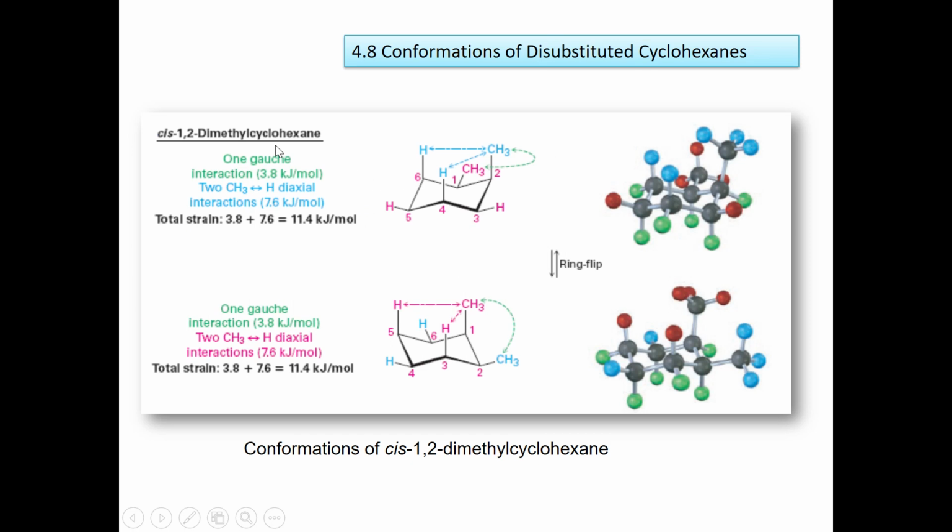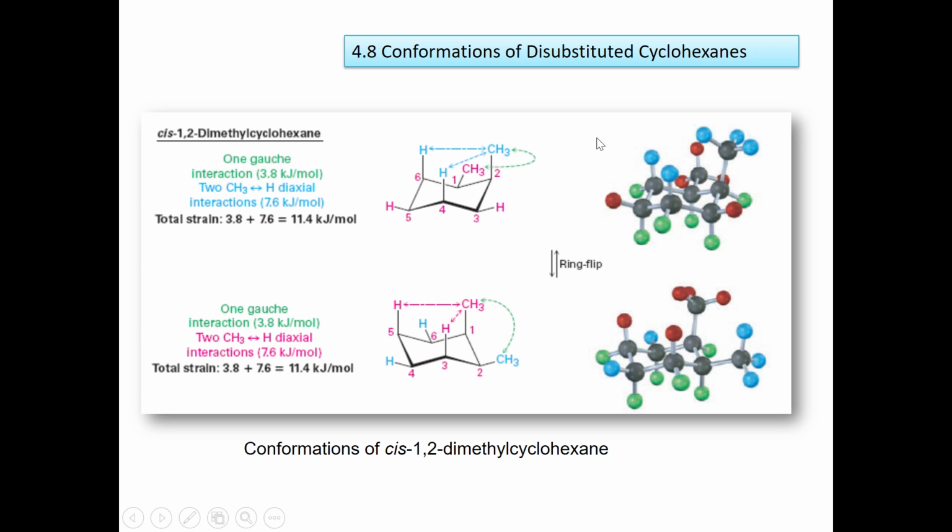For example, we have a cis-1,2-dimethylcyclohexane. Obviously, if it's cis, one has to be up, and the second has to be up also. That means that we can draw it in these two different conformations. In these two different conformations, what we have is one gauche interaction between this CH3 and this CH3.